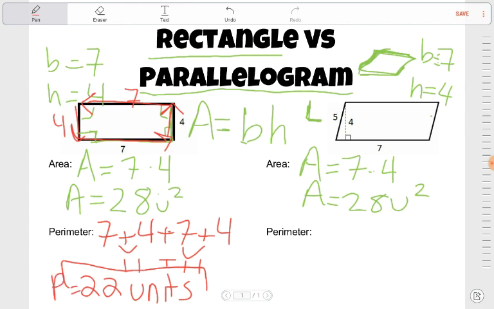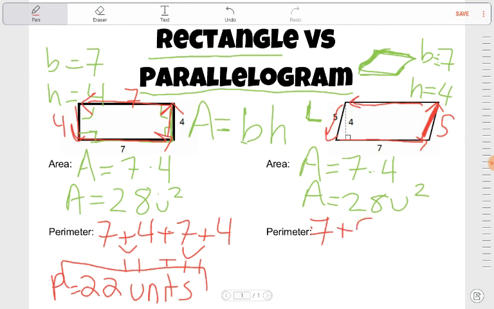Now, in our parallelogram, I'm going to walk around the outside again, and here's what's different. I'm not actually going to hit our height of 4. I'm going to hit our 7, which is the base, so I'll put 7, and I'm not going to hit the 4. I'm actually going up this side, which I know is 5, because like I said, our parallelogram has 2 parallel and equal sides.